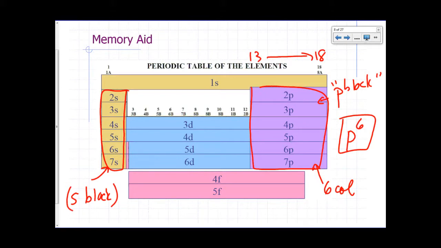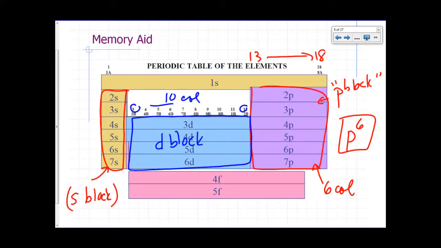Over here in the middle, if you count the number of columns, look at this. This is from column 3 to column 12. That's 10 columns. A good way to remember that this is the D block is that in a D subshell, you can put as much as 10 electrons.